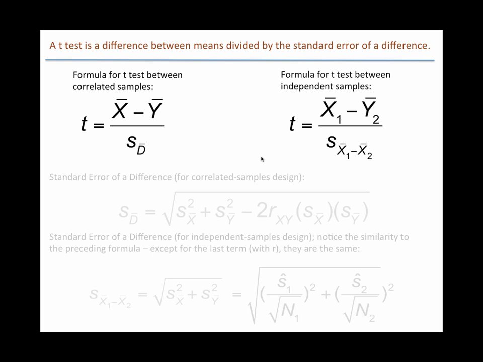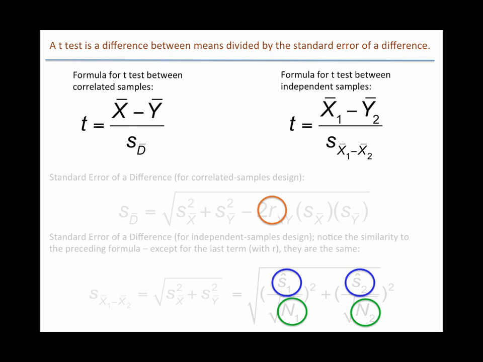Now you can see that I've dimmed out the details about what we're going to be talking about in a few minutes, but I wanted to point out that we have some very familiar friends coming up here. We have n, the total number of participants. We have the standard deviations of both of the data sets, and we have the Pearson R, the correlation coefficient that we computed in the last video.